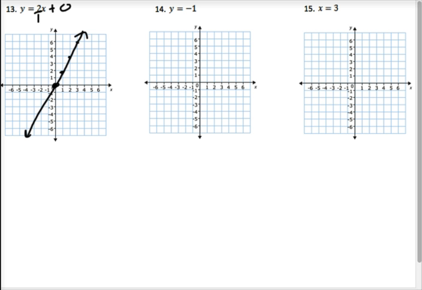14. So here's one of those special cases that we talked about back on that graphing review day. For the special cases, I want you to remember a y equals means horizontal. Okay, that is giving you a horizontal line. And where's that horizontal line? Well, down at -1. Because those represent every point that has a y value of -1.